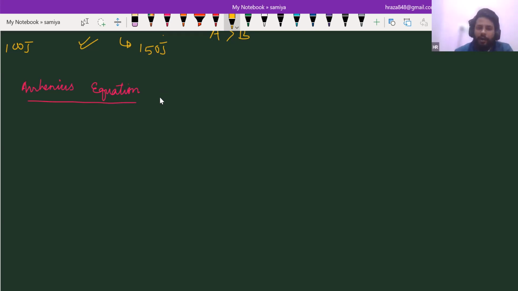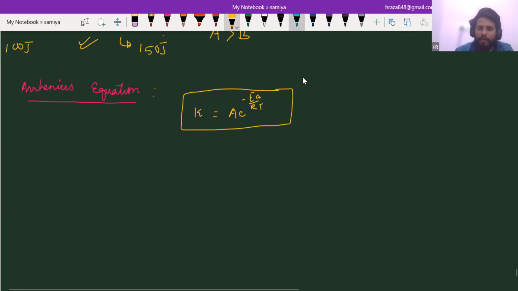So let's start your Arrhenius equation, and Arrhenius has given an equation that is k equals A into e raised to the power minus Ea upon RT. Now I'm going to tell you what this k is. K is basically your rate constant. A is your Arrhenius constant.